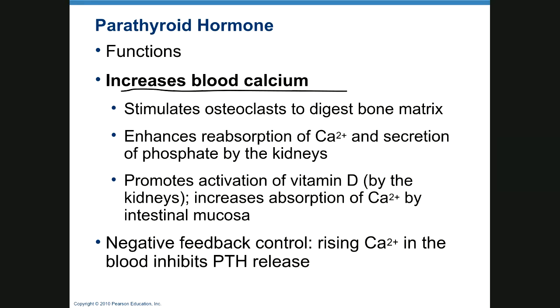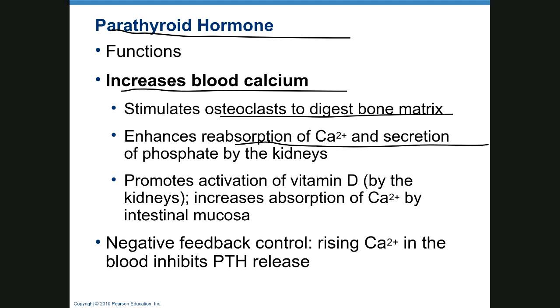what parathyroid does is increases blood calcium, stimulates osteoclasts to digest bone, enhances resorption of calcium as well as secretion of phosphate, promotes activation of vitamin D, increases absorption of calcium in the intestinal mucosa.